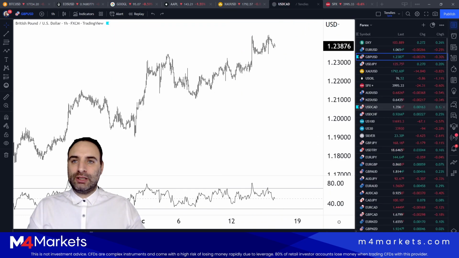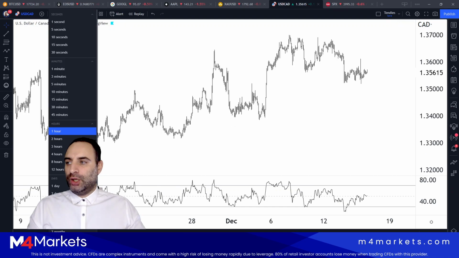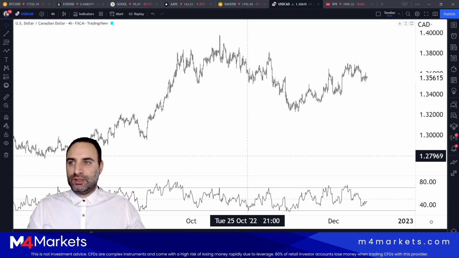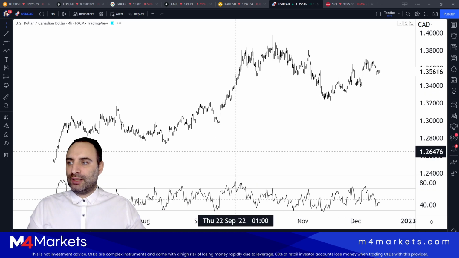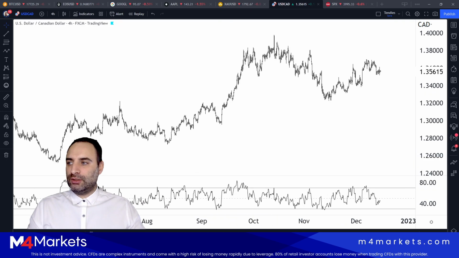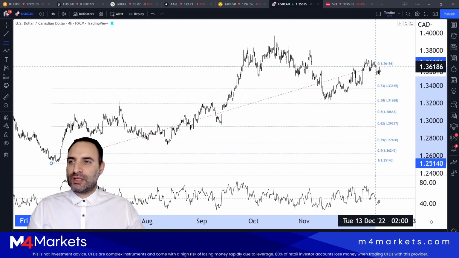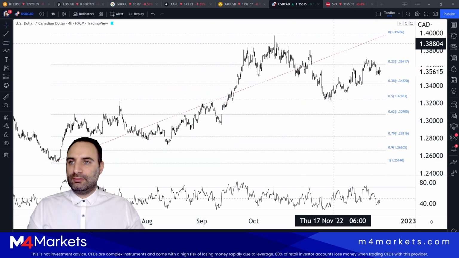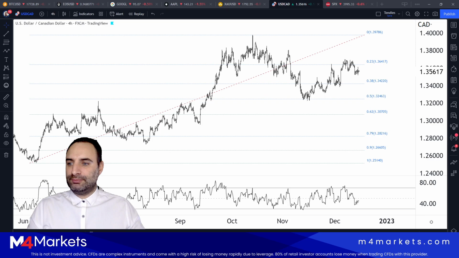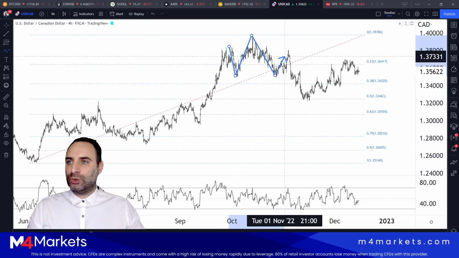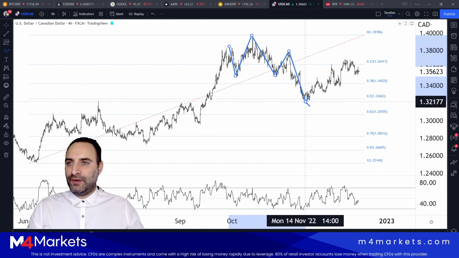Now, when we look at Loonie, it looks like it's correcting. But here's what is interesting: if we look at the structure from all the way down here, I see a head and shoulders pattern. Let me show you. You've got the left shoulder, the head, the right shoulder, and then we fell.